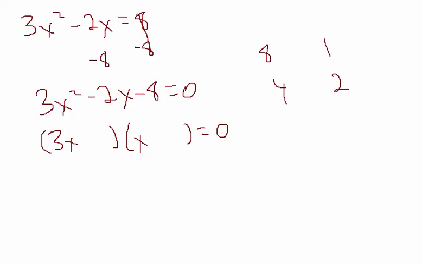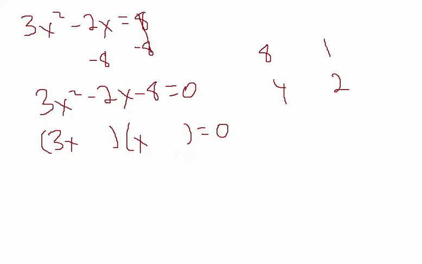Now, obviously, one has to be negative and one has to be positive, because they have to multiply up to negative 8. Counting whatever's over here 3 times, what if we use a positive 4 and a negative 2? The negative 2 counts 3 times, so it's actually a negative 6, and I think that is going to work.